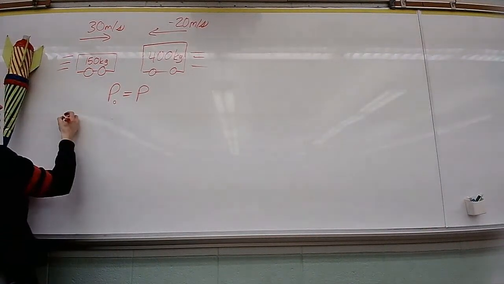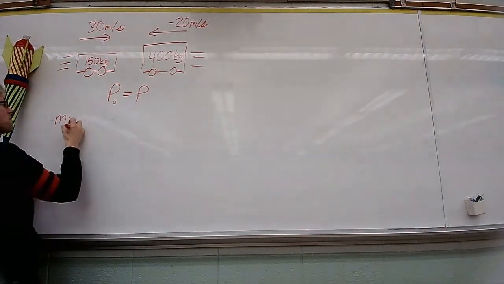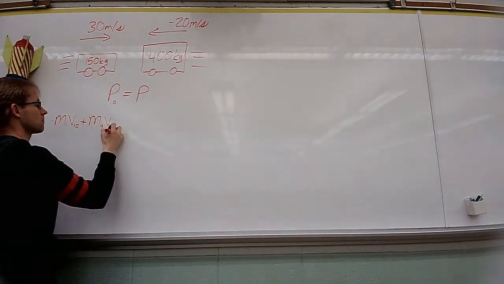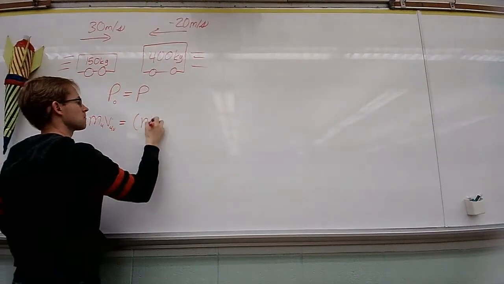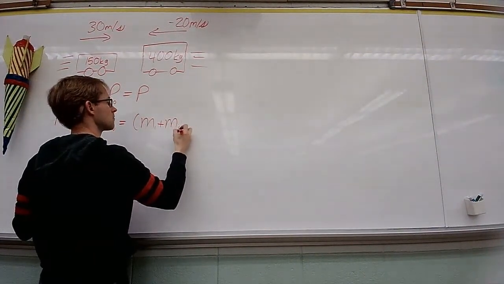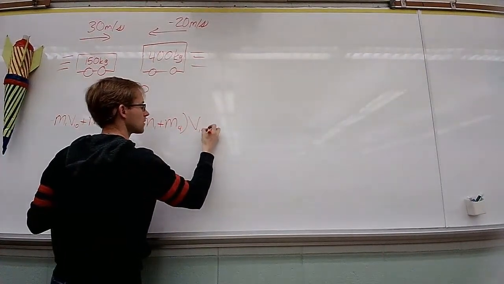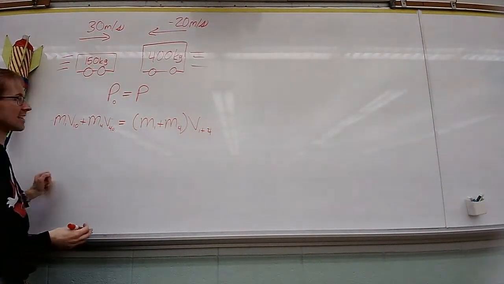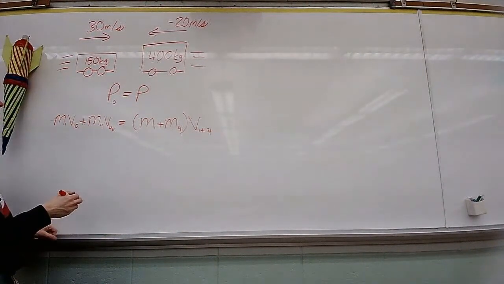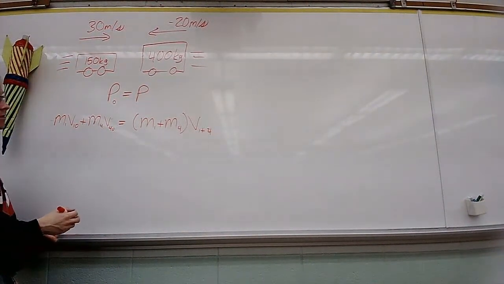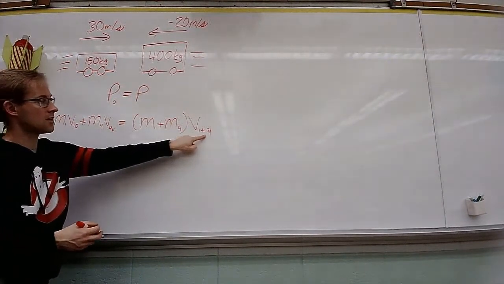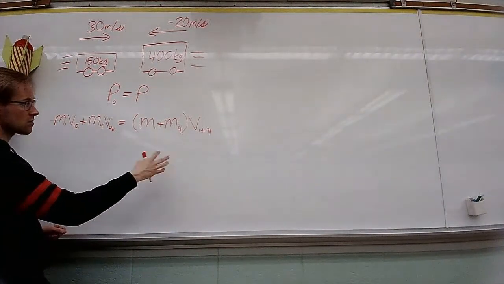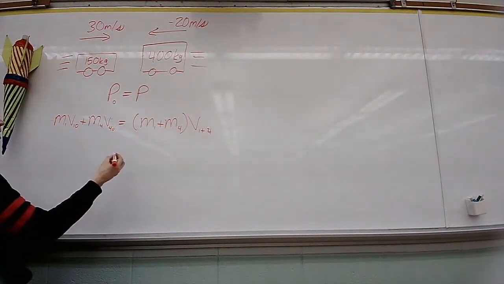And we'll just write this out here. And this is how that would look based on the equation for an inelastic collision on your formula sheet. So, in order to solve for that final velocity, we just have to get that final velocity all by itself. And we do that by dividing both sides by the sum of the two masses.